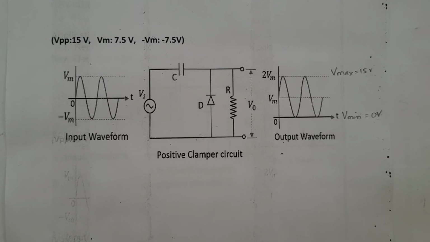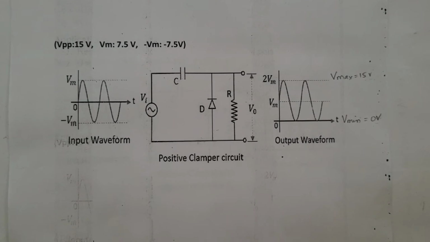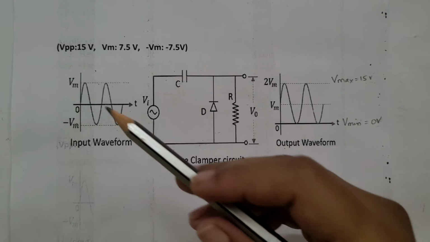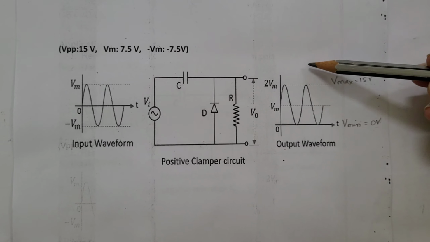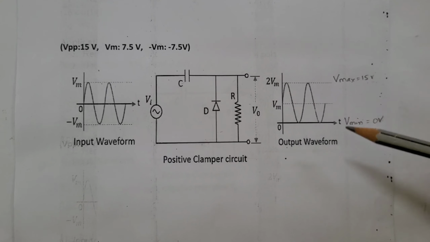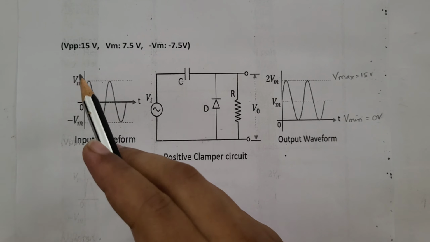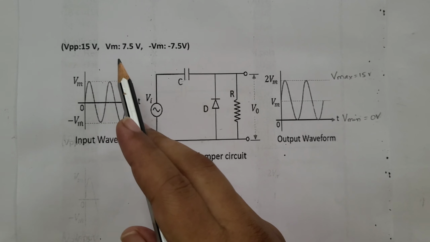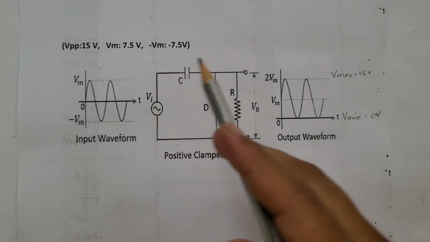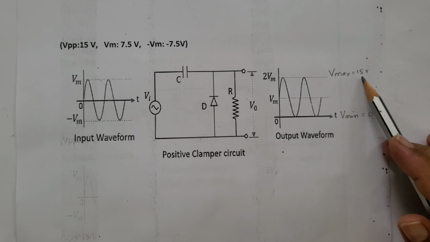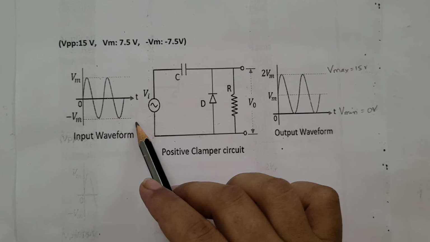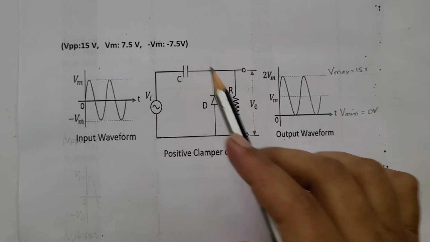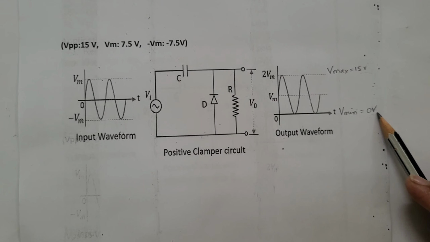The first type is the positive clamper circuit. This circuit shifts the AC input signal to the positive portion. If we observe, the V maximum of the input signal, that is plus 7.5 volt, is shifted to 15 volt, and the V minimum of the input signal, that is minus 7.5 volt, is shifted to 0 volt.